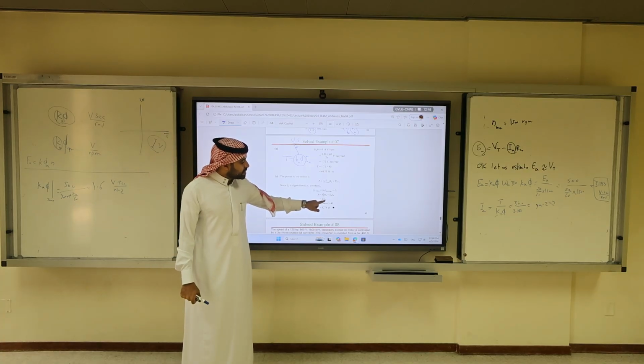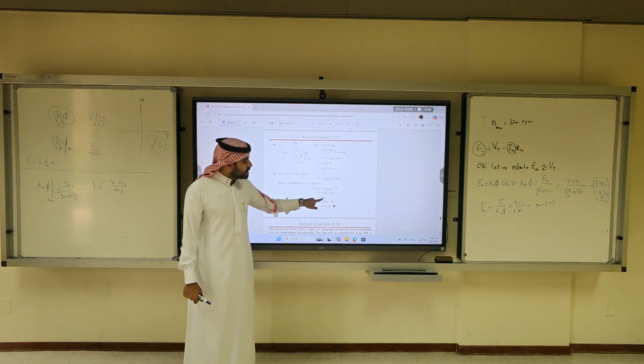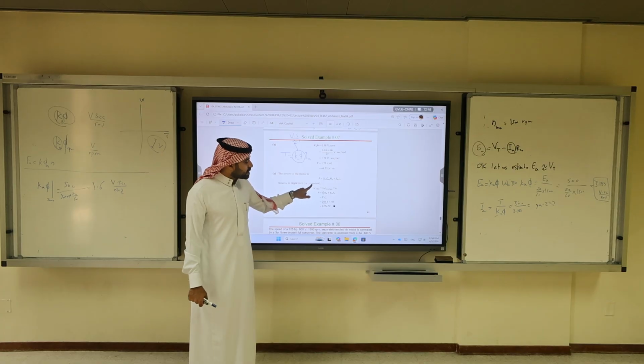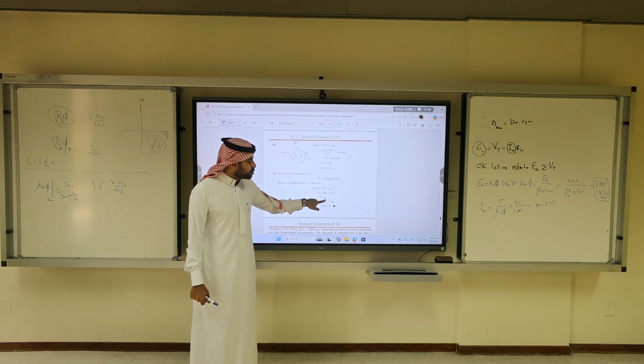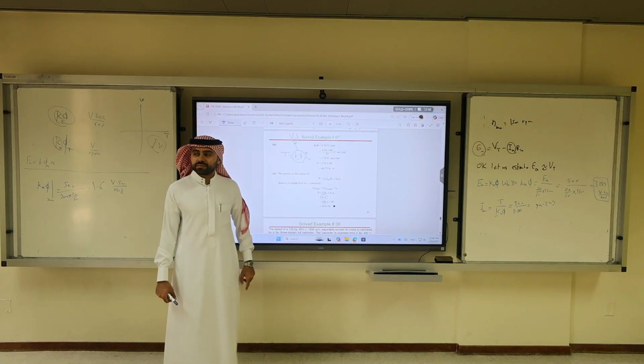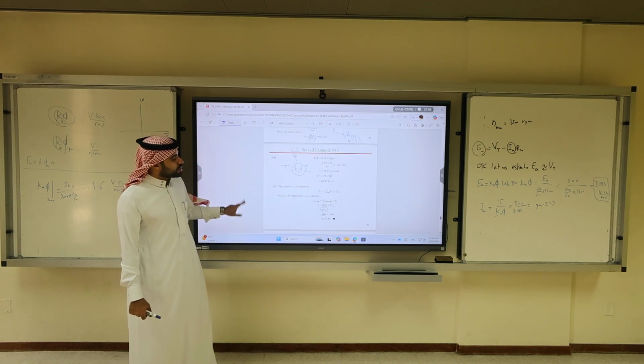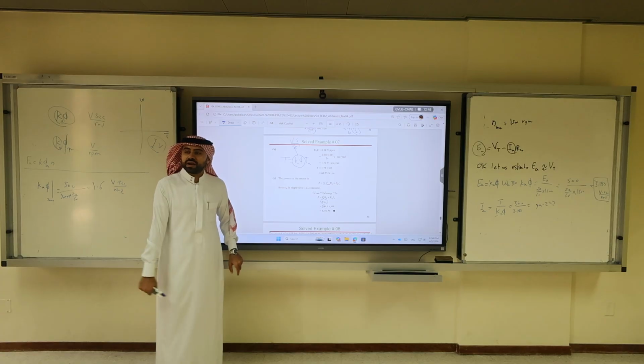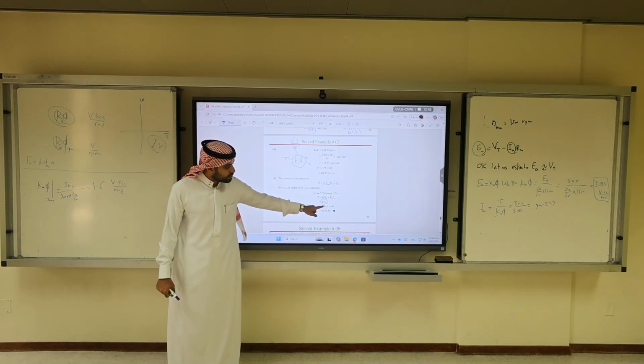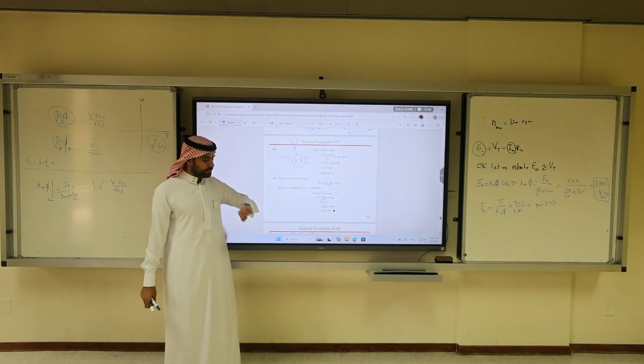Or you can use VT IA. VT is the DC supply, which is 206 times 40. You may ignore the other equation and just use VT IA, the input power. The power drawn from the converter is the DC voltage times 40, and it's clear.